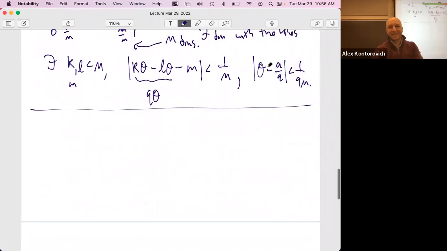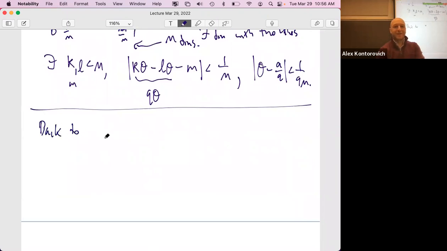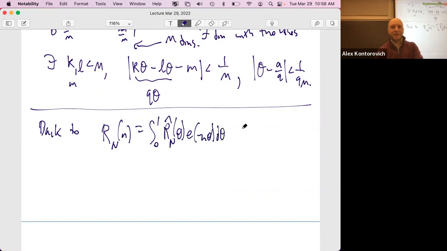Back to R_N of n, which we want to know is non-zero, which was an integral from 0 to 1. I'm just writing this again for all of us, which we split as an integral over the major arcs, which I haven't told you what they are, and the minor arcs, which I also haven't told you what they are. I mean, the minor arcs are the circle minus the major arcs. Okay, so that's easy.